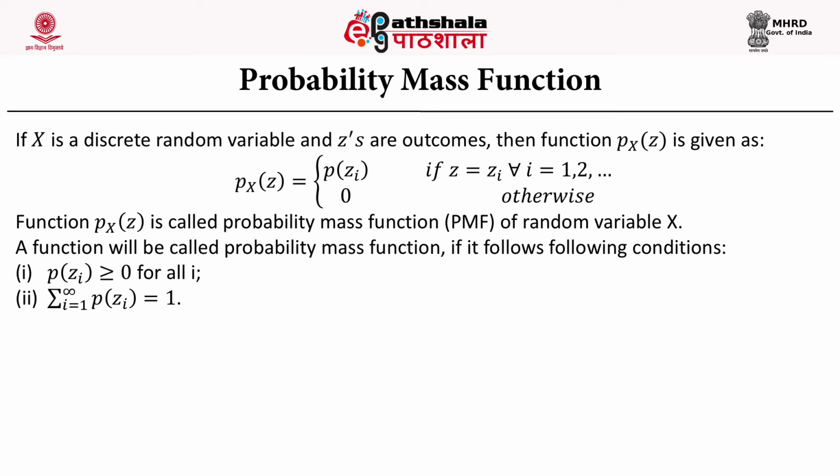So the function p_X(z) is called the probability mass function of the random variable capital X. A function will be called a probability mass function if it follows these conditions. First, the probability of zi should be greater than or equal to 0 for all i, and the summation over i, where i varies from 1 to infinity, of the probability of zi should be equal to 1.